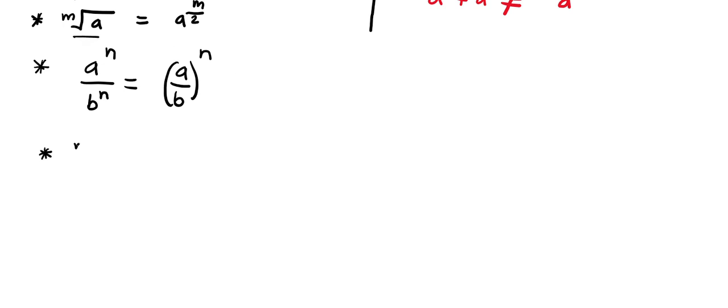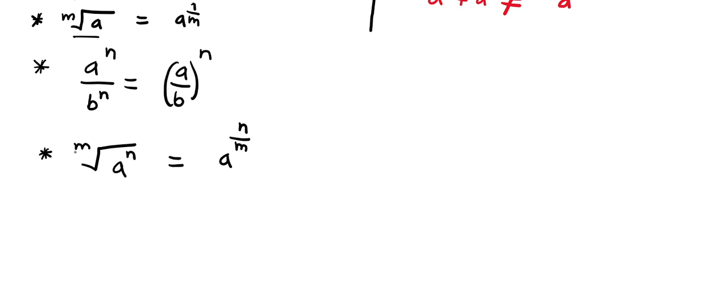If the m-th root of a to the power n, that's basically going to be a to the power n divided by m, and this is going to be 1 by m.